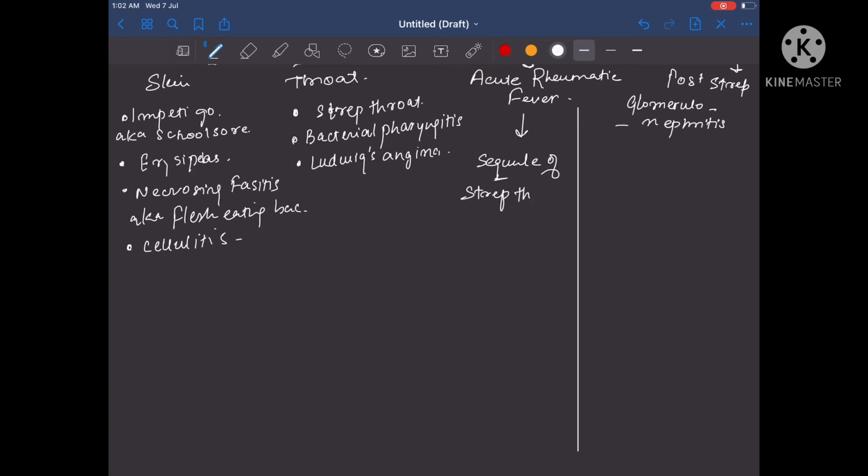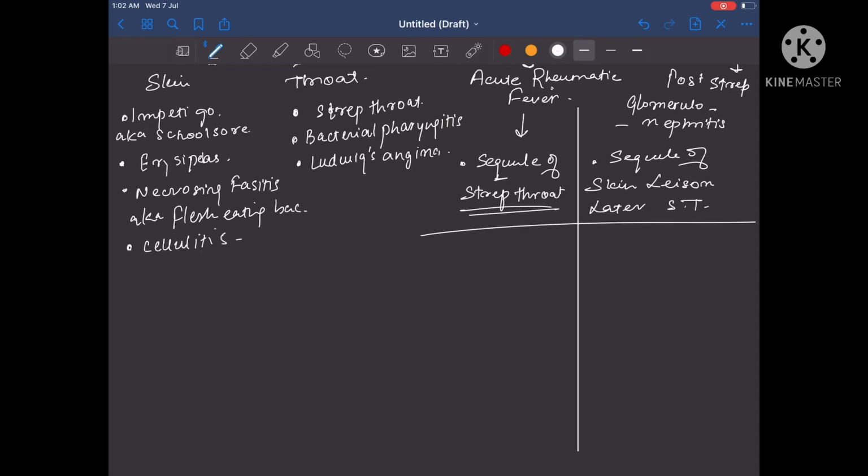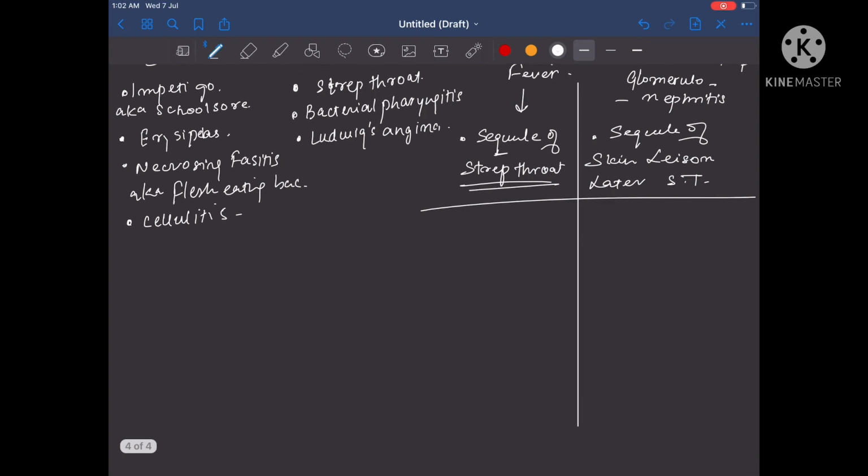On the other hand, post-streptococcal glomerulonephritis, I'll call it PSG, is a sequel of a skin lesion, later maybe of sore throat, but initially there is a skin lesion and then PSG happens. Another thing to note is that acute rheumatic fever can be caused by any strain, by which I mean the M protein types, which Griffith classified as more than 80.